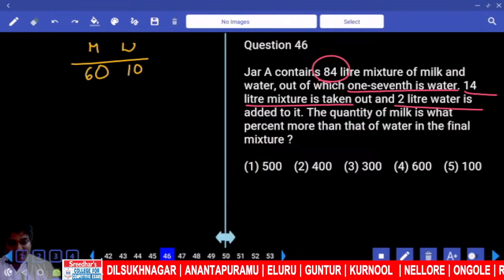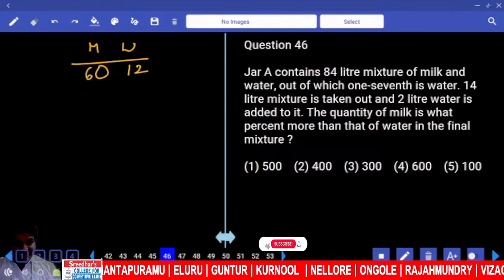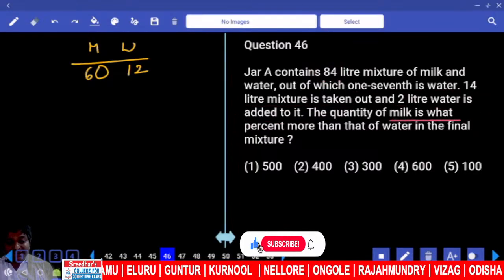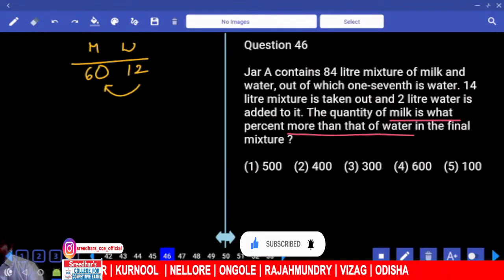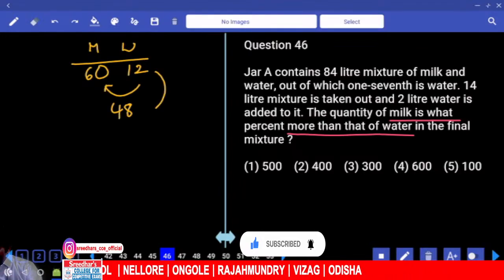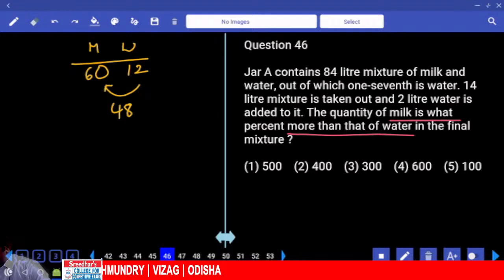And 2 liters of water is added. So now water is 12. Question is, quantity of milk is what percentage more than that of water? Milk is how much more? 48 is how many times of 12? If it is 4 times, it will be 400%. 1 is 100%, 4 will be 400%.